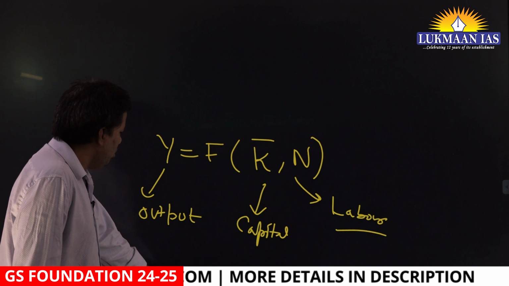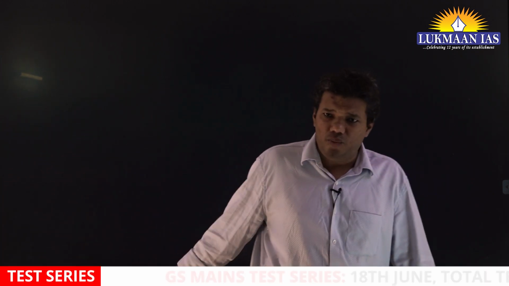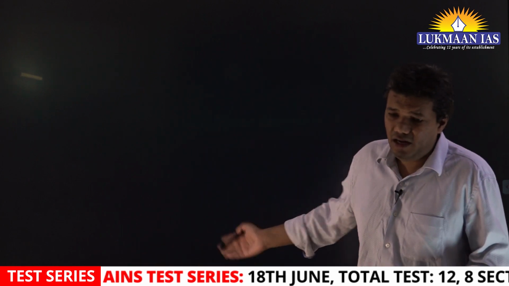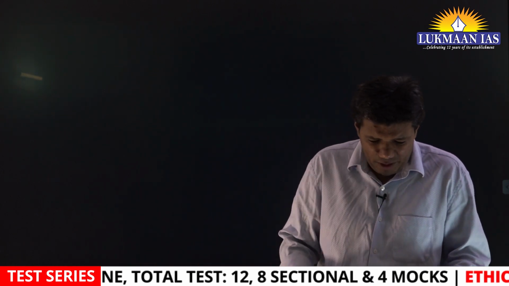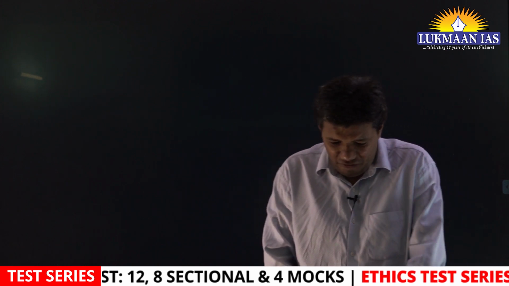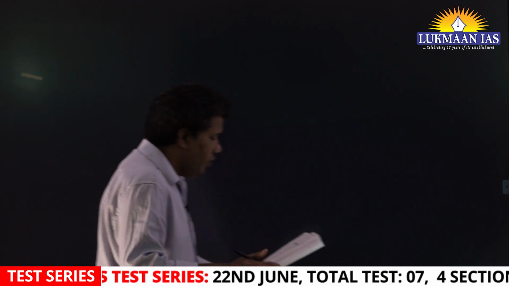This is called the production function, and it gives a relation between what will be your output given capital and labor, right? Now please write a few numbers, because to understand the graph you have to write a few numbers that will help you visualize better.